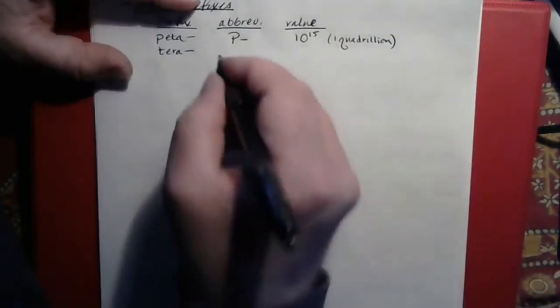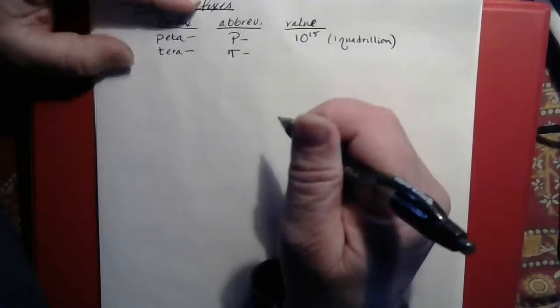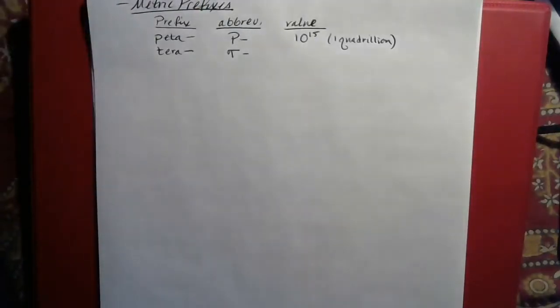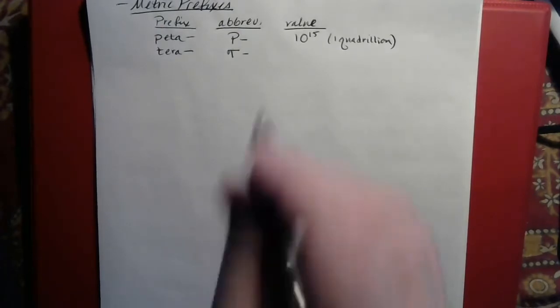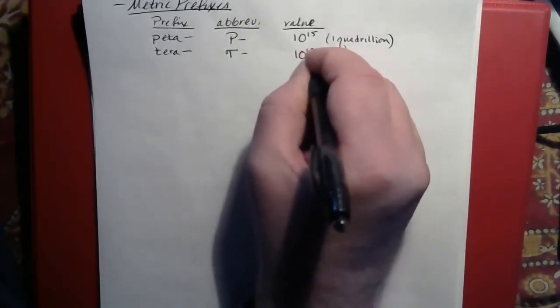Tera is symbolized by a capital T followed by the symbol of the base unit. That one you may actually have heard of because it's used in computing a lot for terabytes of storage capacity, for instance. And that is a trillion of something.